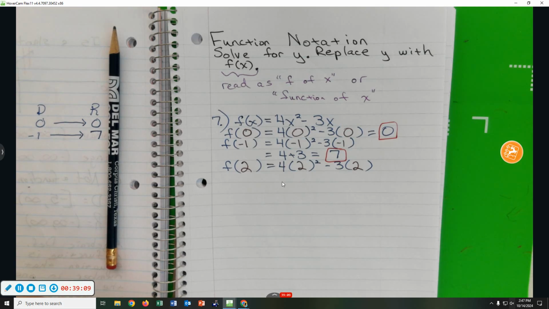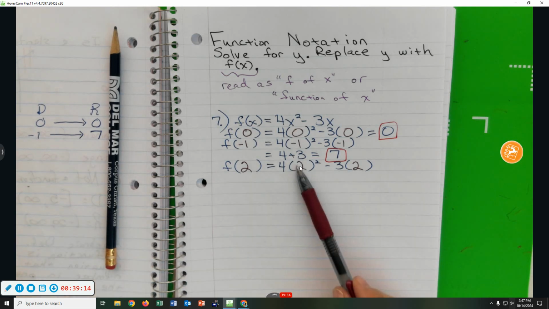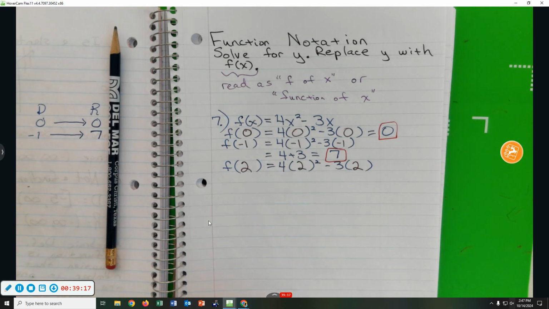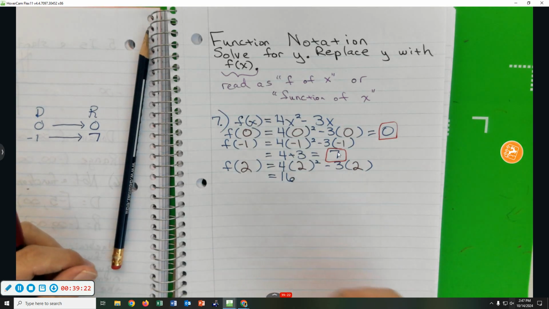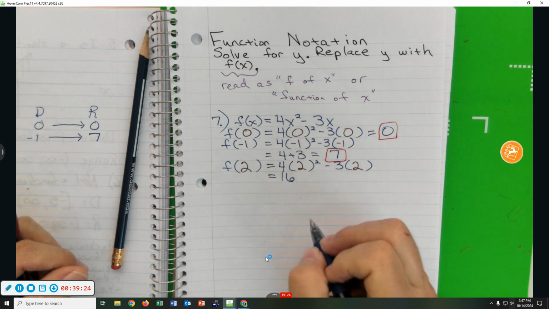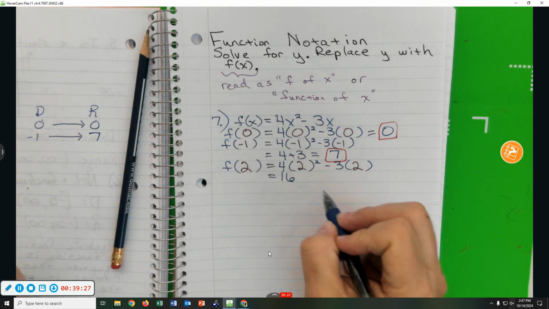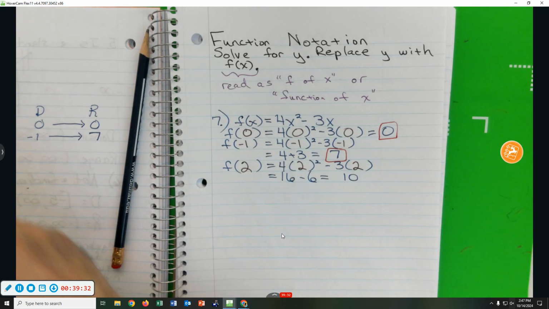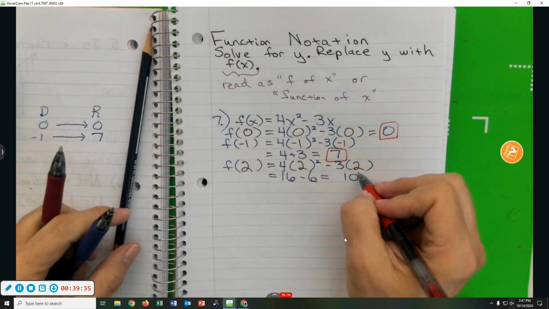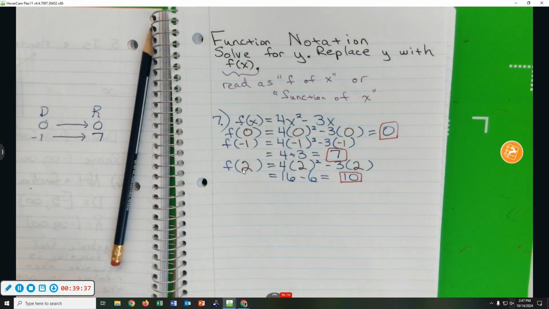What will I do first to simplify this? 2 squared is 4, times 4, that's 16. -3 times 2 will give me, be careful, a -6. 16 minus 6 gives me a positive 10. So what's the y value that's assigned to the x value 2? 10.